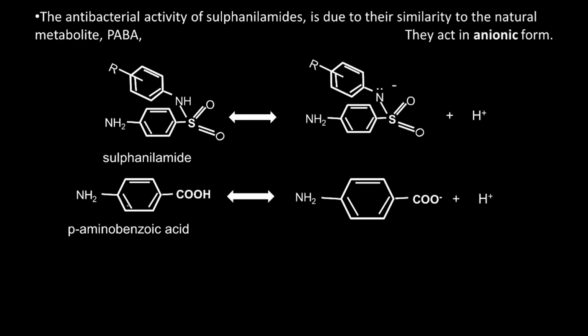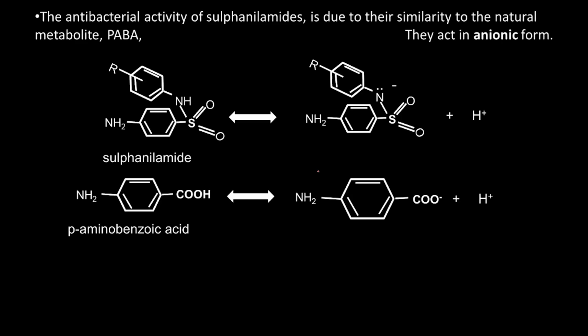If you look at para-aminobenzoic acid, which is the substrate for bacteria, these sulfa drugs also look similar to that. So there is a competitive inhibition happening, and hence the sulfa drug acts. So the anion form is the active part, not the neutral form.